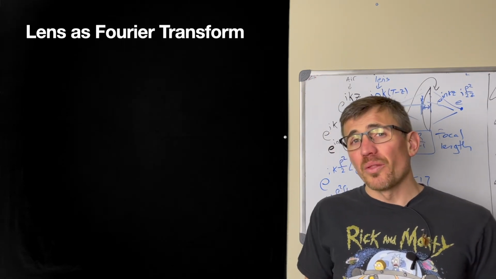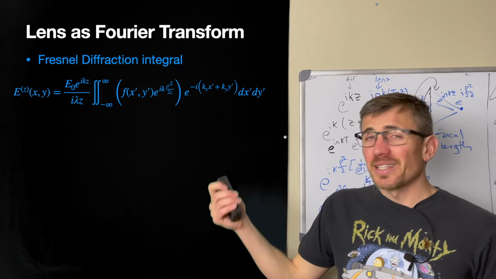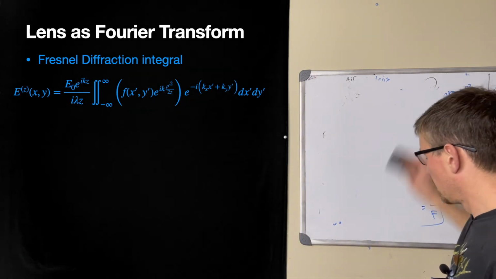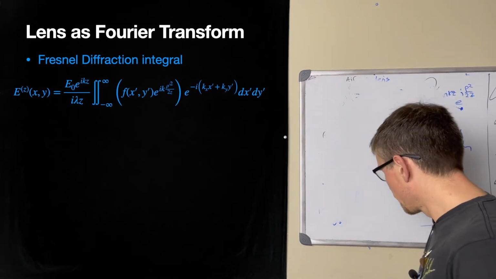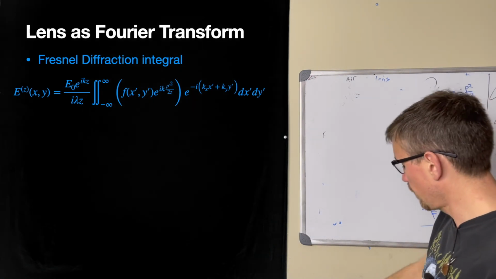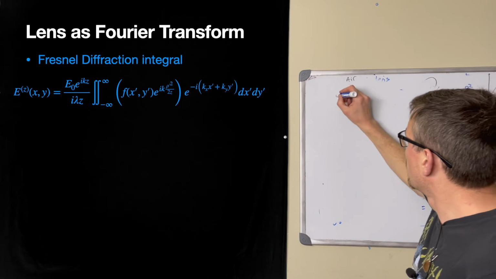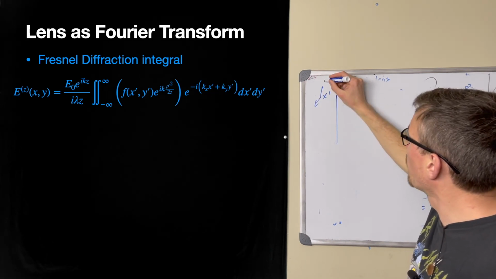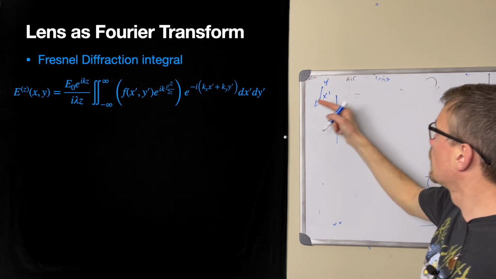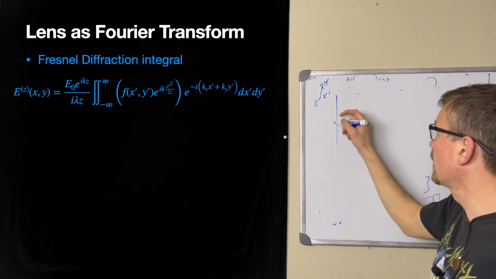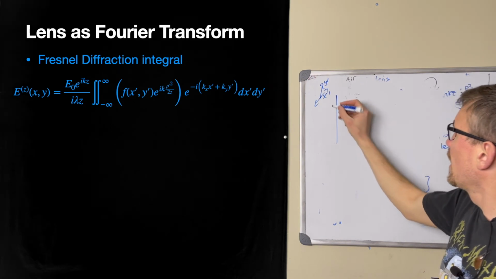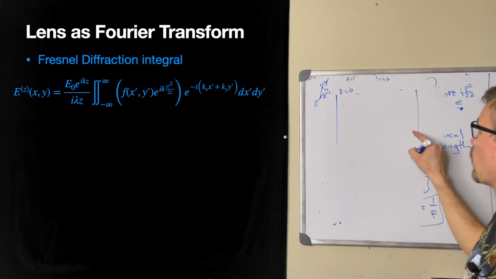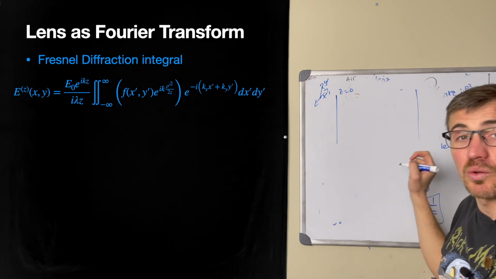And we've already done all the heavy lifting, okay? Look at this beast here, this Fresnel diffraction integral. What we're going to do is, remember we had our aperture, our E naught, and this is going to be our x prime, y prime plane here, going along z. Some point later, we're going to get a field which is described by this wave.